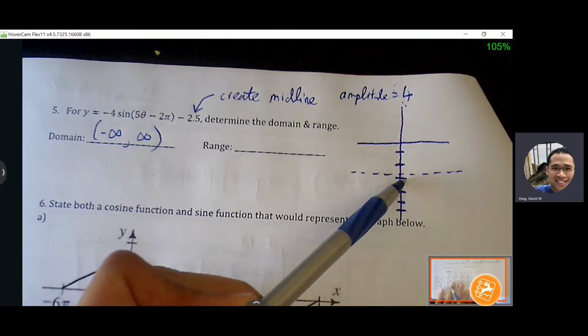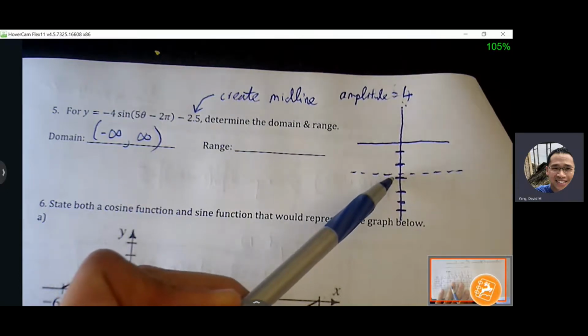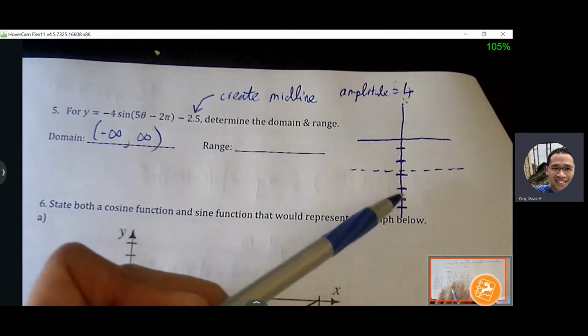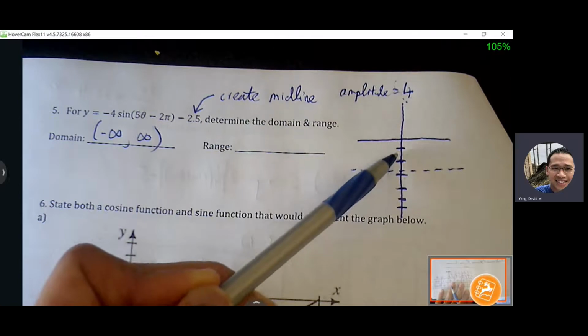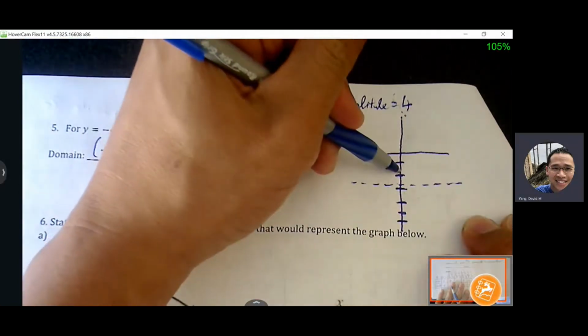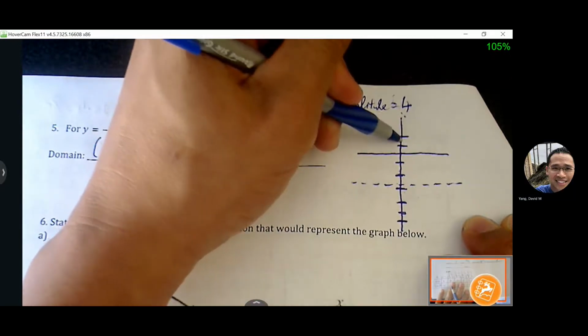Just count, right? Because how far is the amplitude going to stretch above the midline? 4 units, right? Amplitude is distance from rest to crest. So from the center, just count 4 units up. So 1, 2, 3, 4.